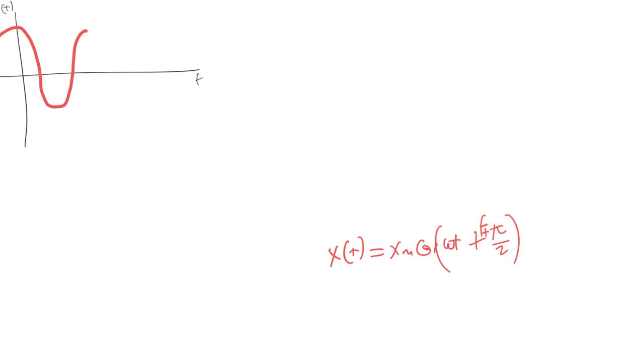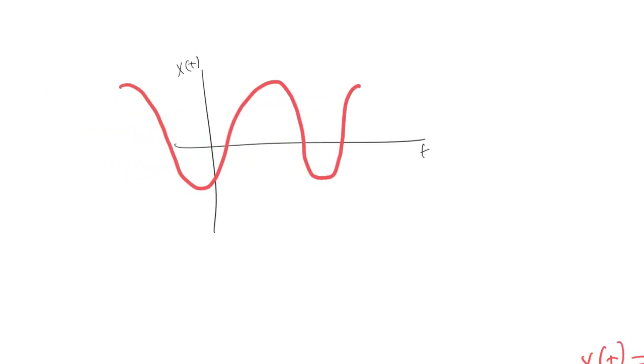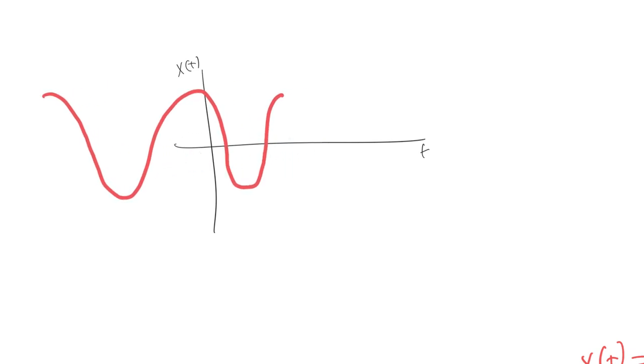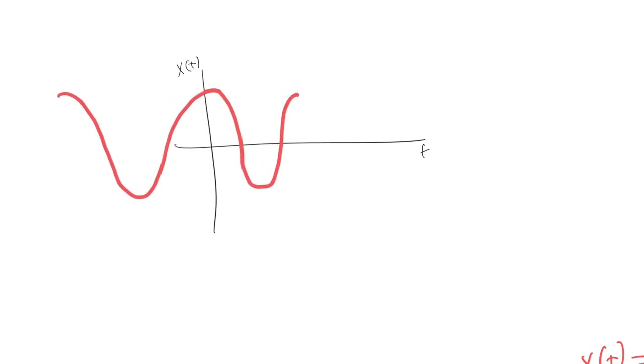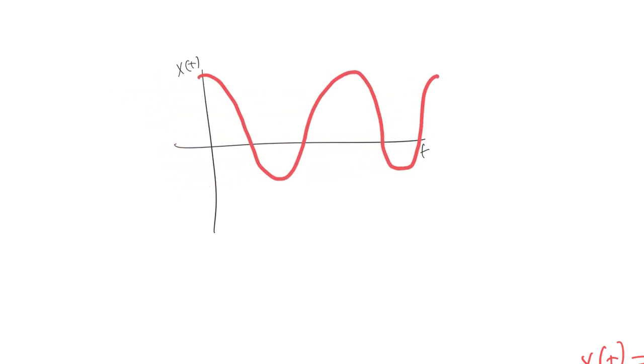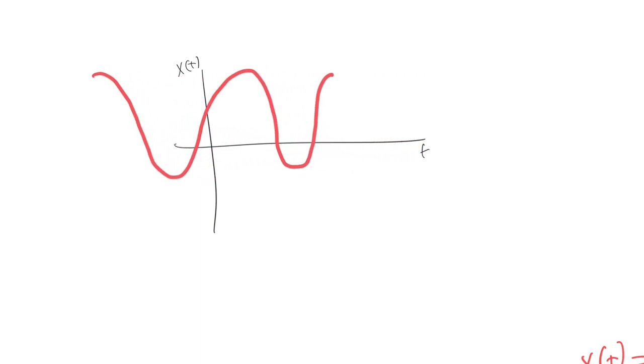The phase always changes the starting point of the cosine function. For example, if the phase is negative, this will make the wave move like that. But if it's positive, it will make the cosine function move like that.